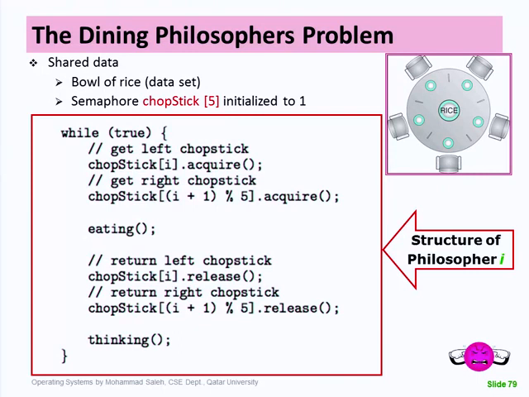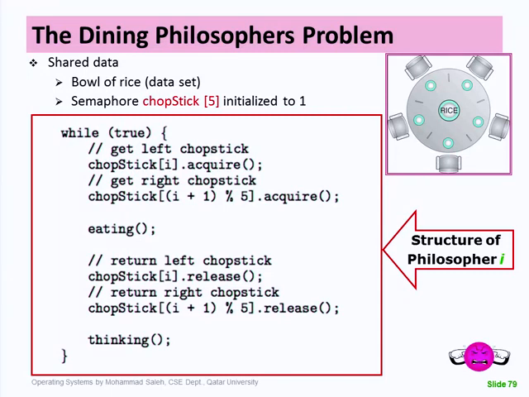So, if I have an array of semaphores and I call it chopstick, then for philosopher i to eat, it should obtain the semaphore chopstick by saying chopstick[i].acquire, and then obtain the chopstick to the right, which is chopstick[(i+1) mod 5].acquire.